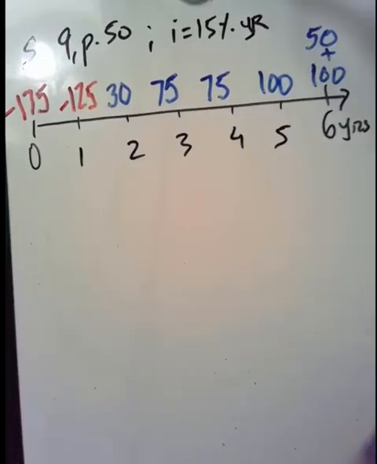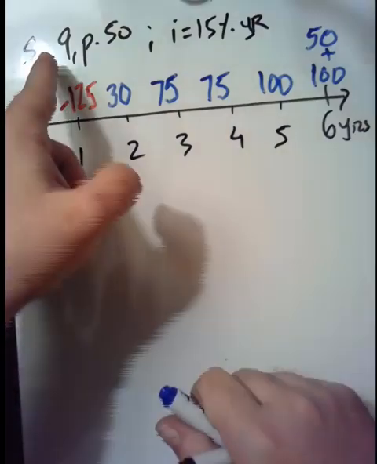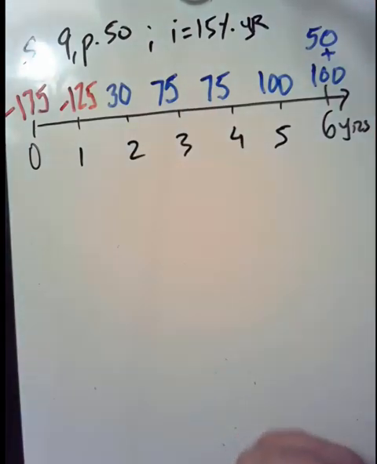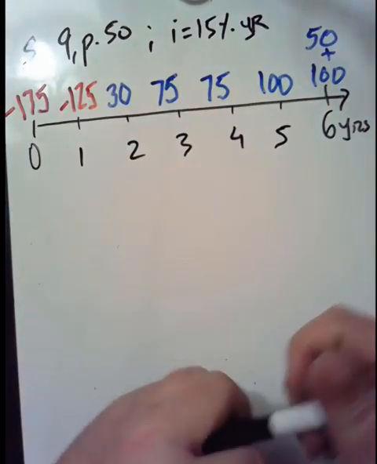So this is the timeline from exercise 9 on page 50. The interest rate, the minimum acceptable rate of return, is 15%.